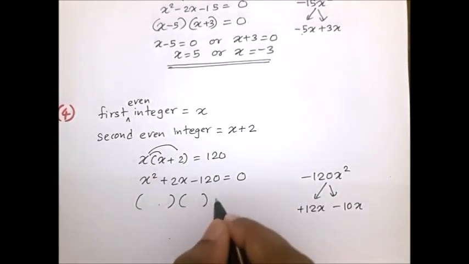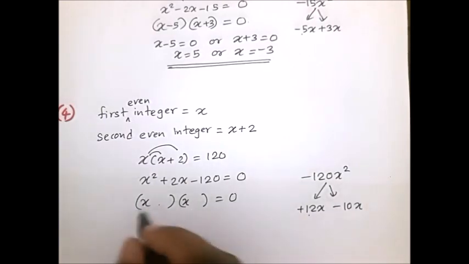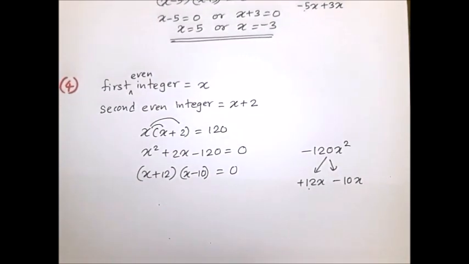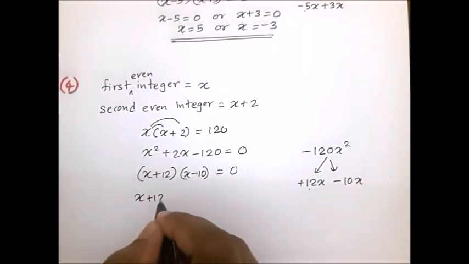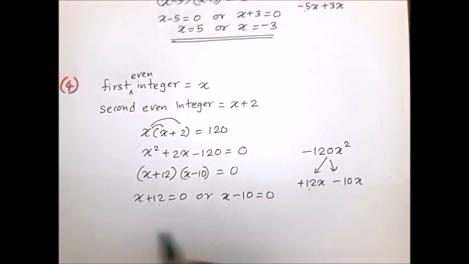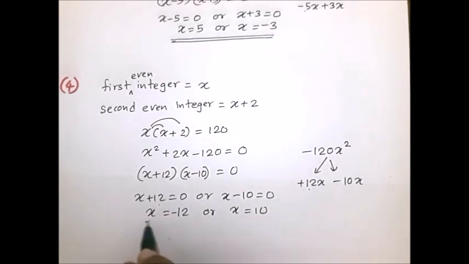Now write factors. Here x plus 12 and minus 10. Now you can write the solution. x plus 12 equals 0 or x minus 10 equals 0. Subject x, x equals minus 12 or x equals plus 10.